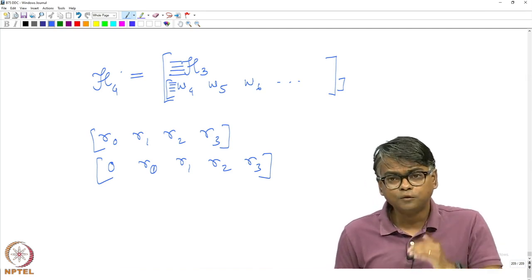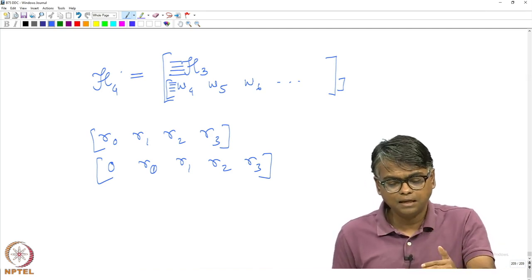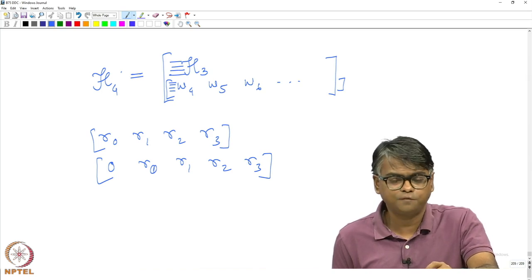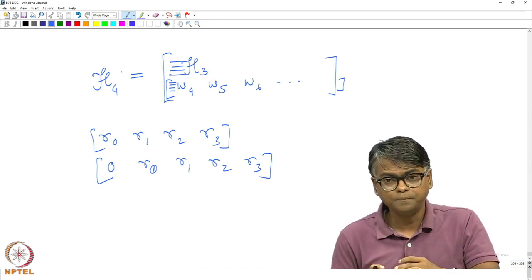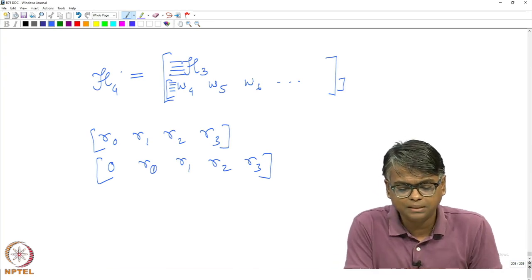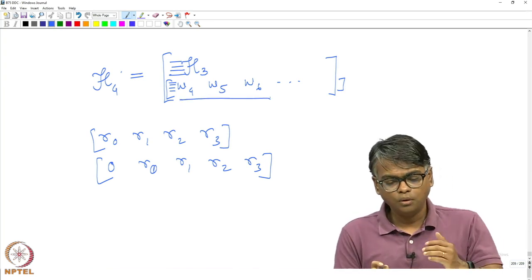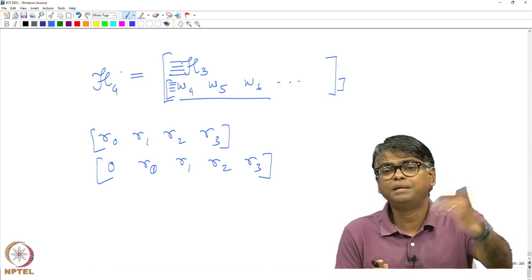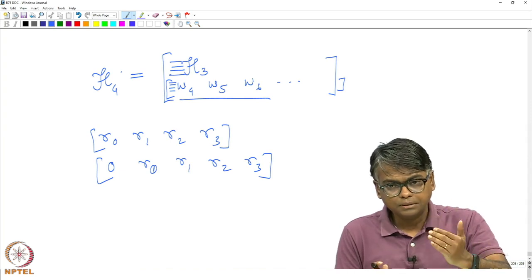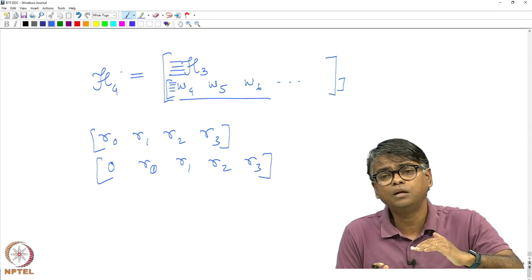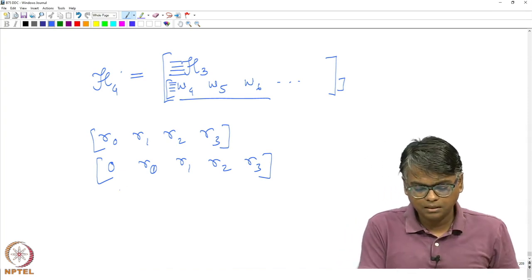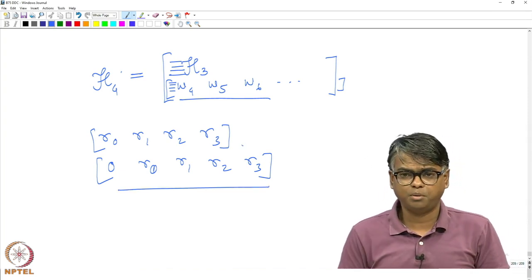This tells us that those relations which were there in the last q rows of H3 will continue to be there for the corresponding rows of H4. So those rows which were dependent on the previous rows in H3 will continue to be dependent on their previous rows in H4, because of this shift property.